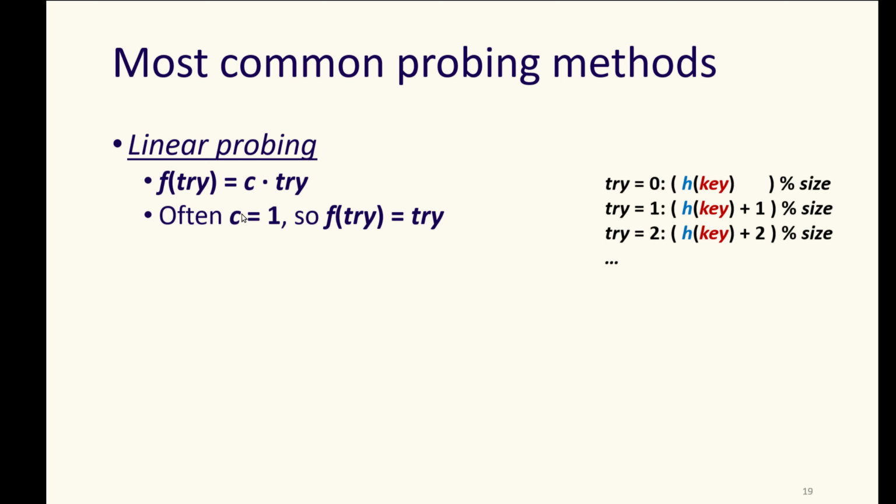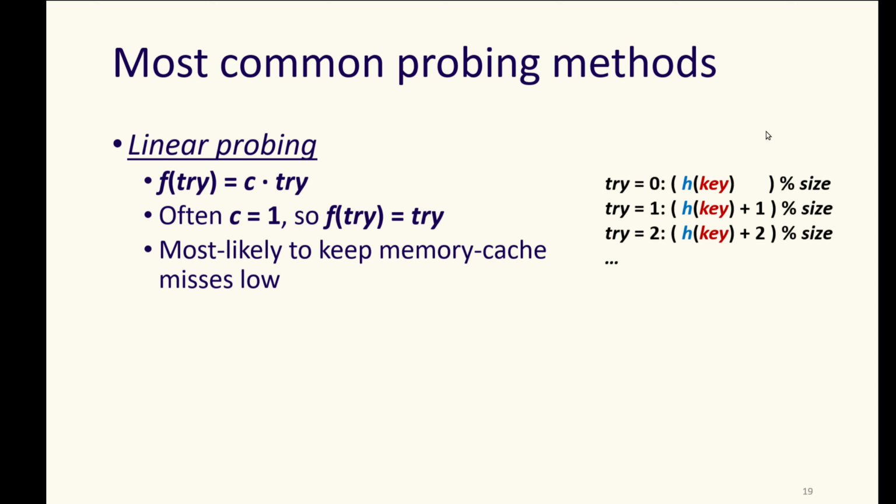So for example here, we just add 1 to it, saying, okay, if this one is full, then I'll add 1 to it and try the next one. And if that's full, I'll try the next one, and so on. So that's the simplest of linear probes, is just to increase by 1. It's likely to keep the memory cache misses low, meaning you're looking up stuff and not finding it. This will keep it low.